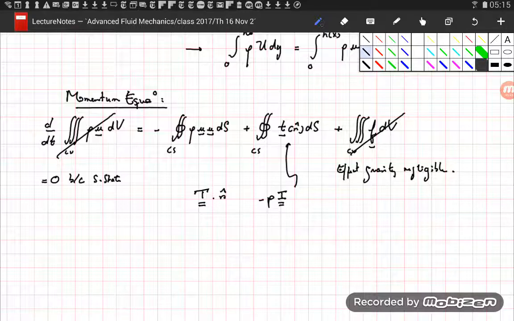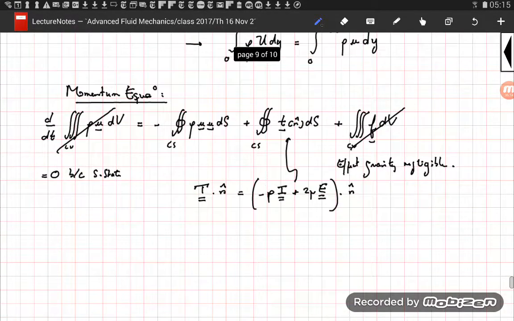It's always equal to the stress tensor times the normal vector to the surface, and our stress tensor is minus p times the identity plus 2 mu times the rate of strain tensor, dotted with the normal vector. This is what the stress tensor is. And we always have to be careful about these two integrals. Those are always the two harder ones to compute.